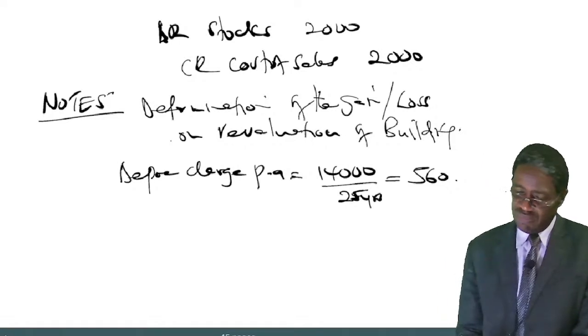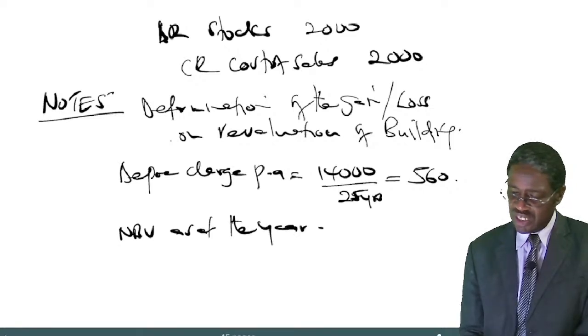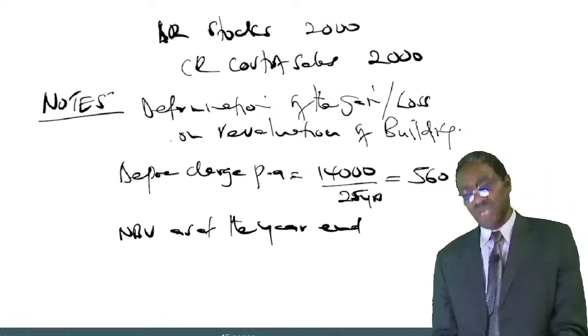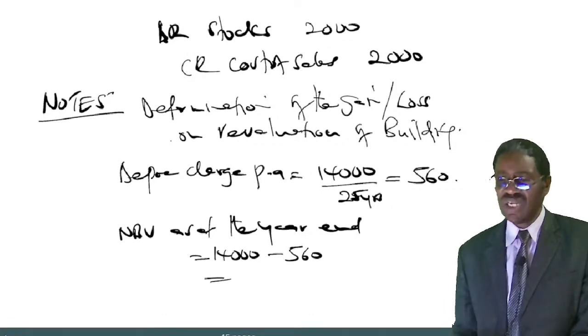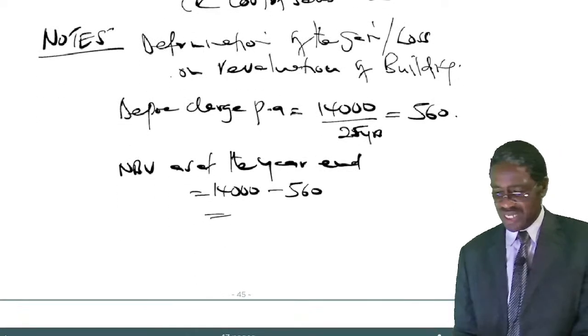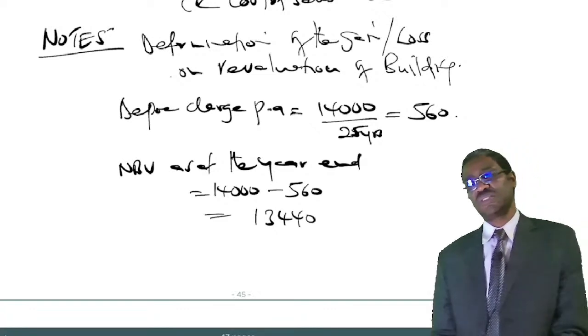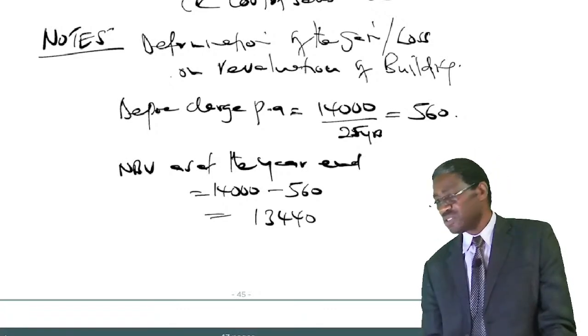Good. And below that, write net book value as at the year end. If the value by the beginning of the year was 14,000, I minus that 560, we have already seen a short while ago that I am remaining with a book value of 13,440. That is the net book value as at the year end. Good.